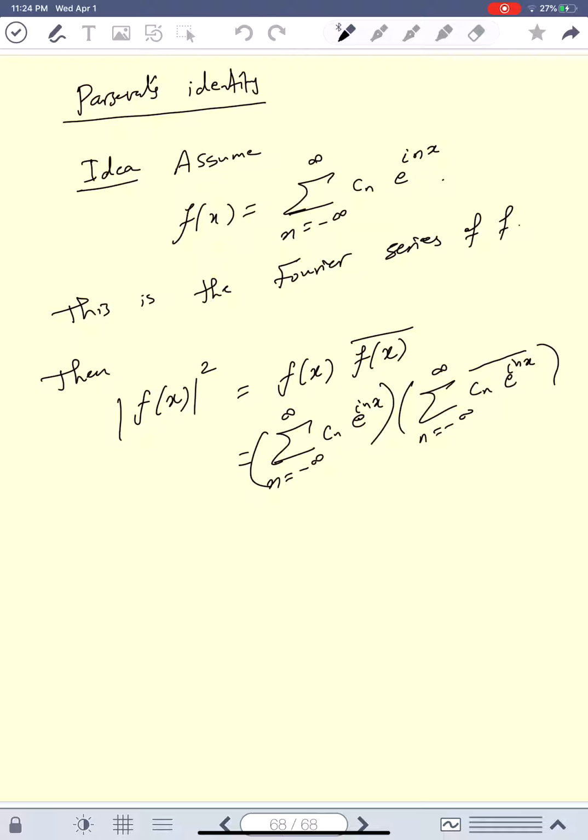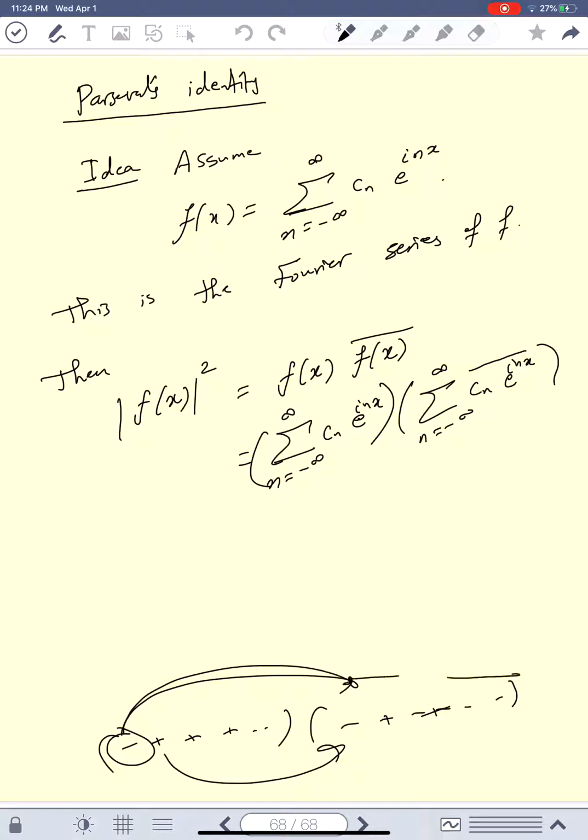Just imagine, what is an infinite sum? You're adding some stuff, something plus something plus something and so on. Then you're multiplying with the same thing. So basically what you need to do is to expand the brackets, multiplying every term with everything.